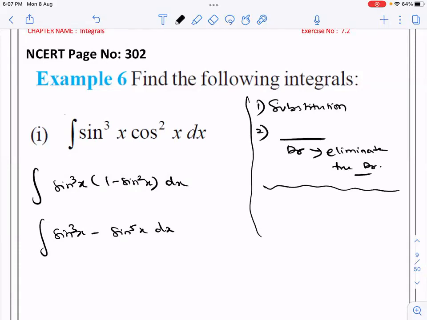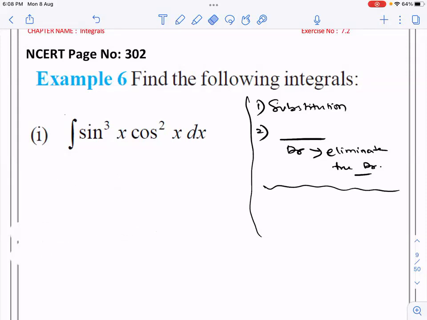You have to take only the function, you should not touch dx. You want to take sine cube x as t. Niranjan, did you understand that your method will not work? Okay. You want to take sine cube x as t. So on differentiating both sides, 3 sine square x into cos x dx is equal to dt.